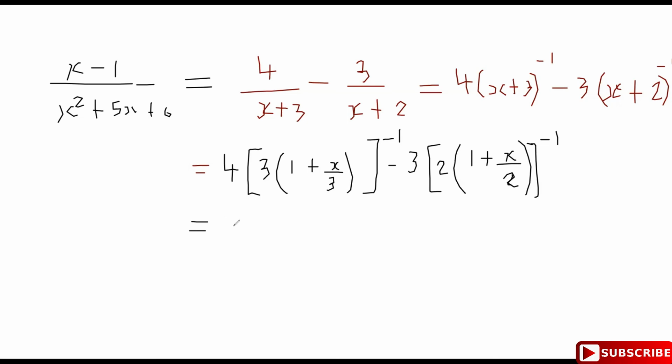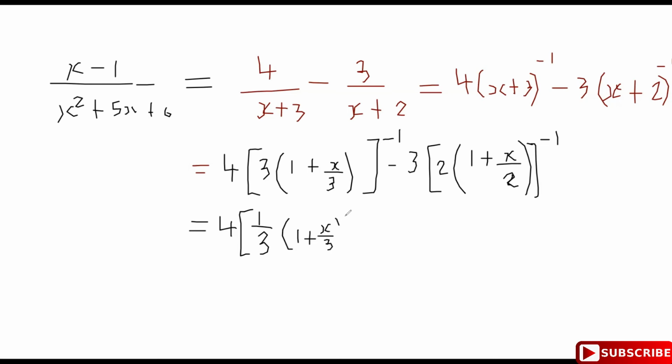So this 4 times what's in here now becomes 1 over 3 times 1 plus x over 3, to the negative 1.